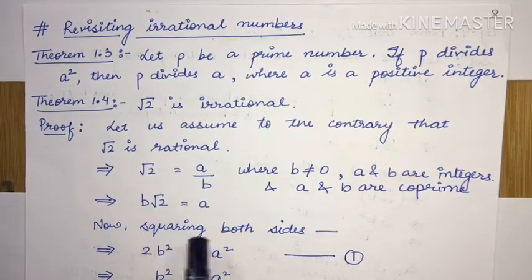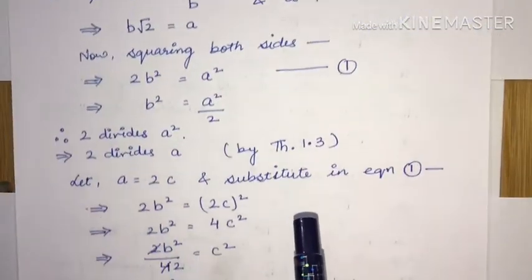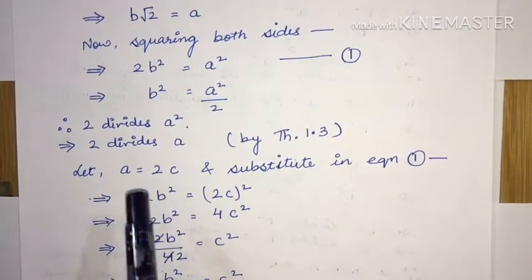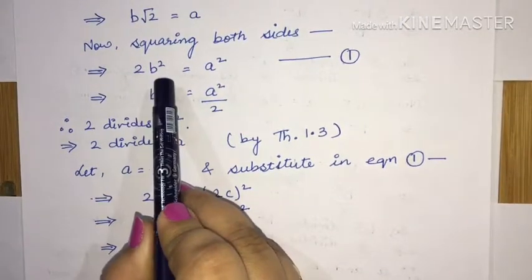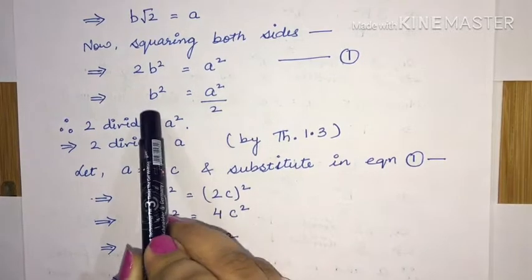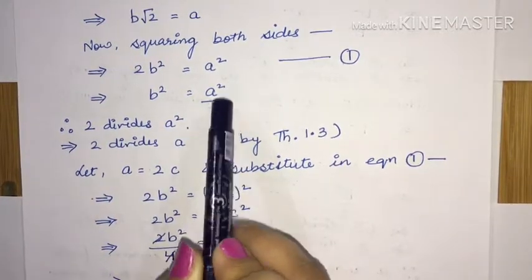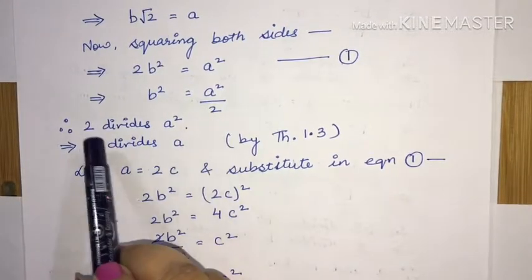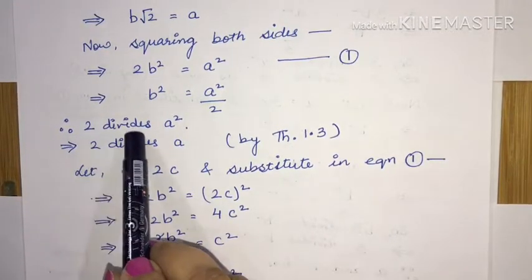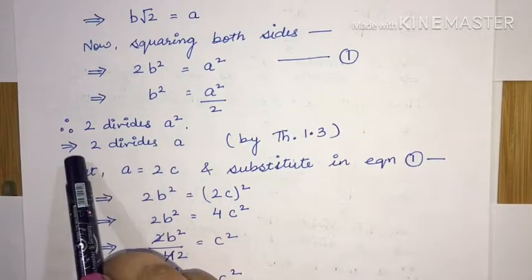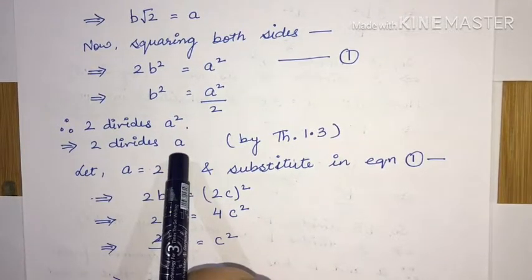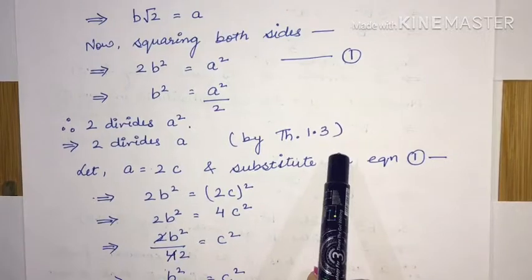Now we'll square both sides. After squaring both sides, 2b square is equal to a square. Now b square is equal to a square upon 2. That means a square is divided by 2. Therefore, 2 divides a square, which implies 2 divides a as well by Theorem 1.3.